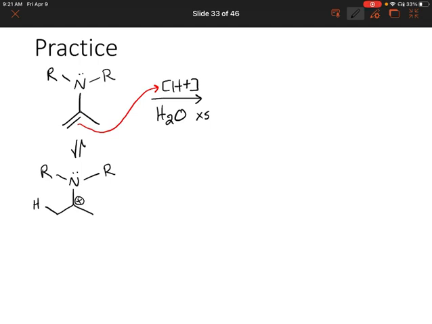So now we have a positively charged carbon. Now there is a resonance structure that we could form here, so we could move that lone pair on nitrogen down to create a double bond. So now that positive charge will be shared between carbon and nitrogen.